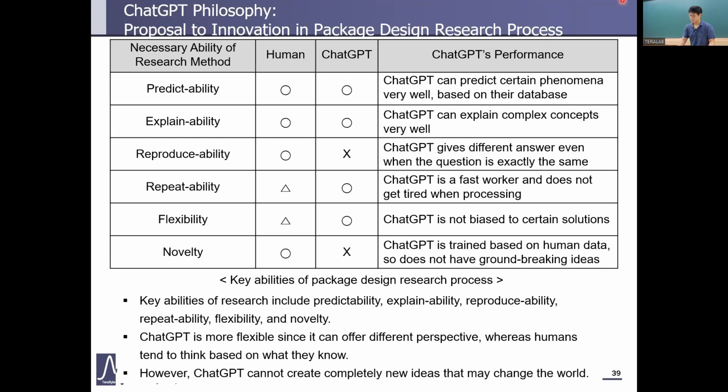Now I will discuss the ChatGPT philosophy that I collaborated using while using imitation learning. I included 6 key abilities of research, which include predictability, explainability, reproducibility, repeatability, flexibility and novelty.